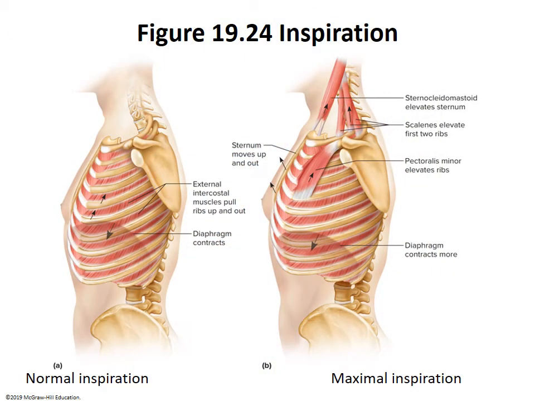So the lungs are going to bring in air or push out air mainly by the diaphragm. The diaphragm is going to be the main muscle of respiration. So when the diaphragm pulls down, that's going to actually increase the volume that's in the thoracic cavity, and that's going to cause air to be pulled in.